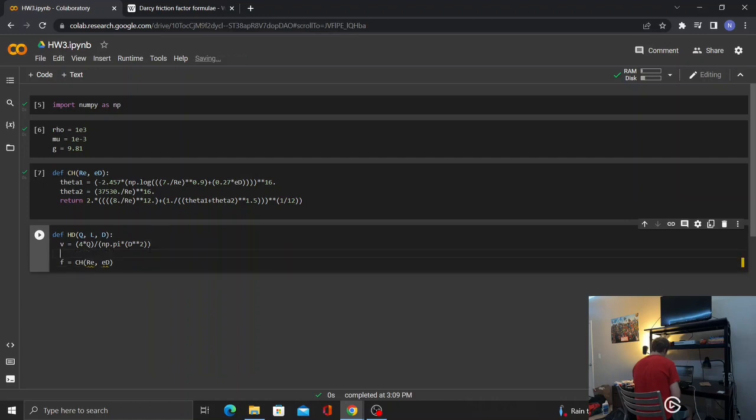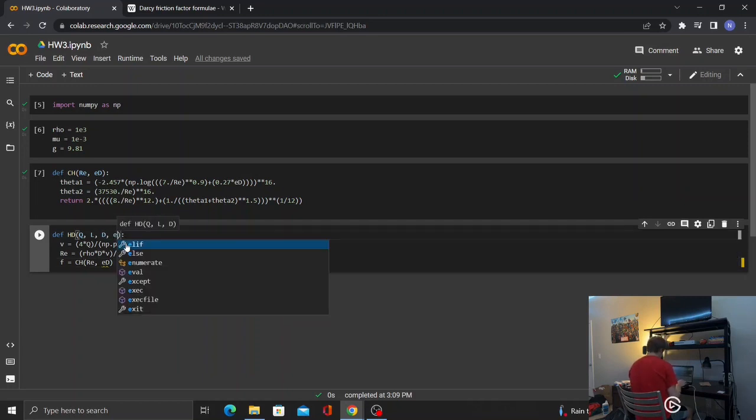And then we will also need to find our Reynolds number, which will be rho times D times V all over mu. And then we will also need our head drop function here to take in our surface roughness as well, since we will be using our Churchill equation again.